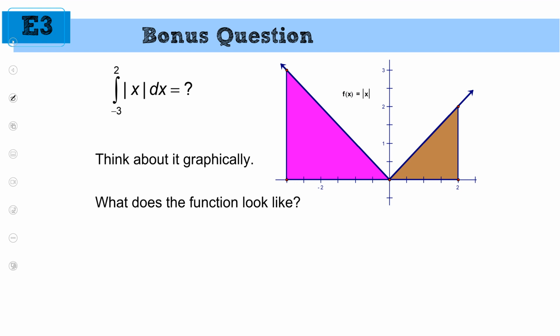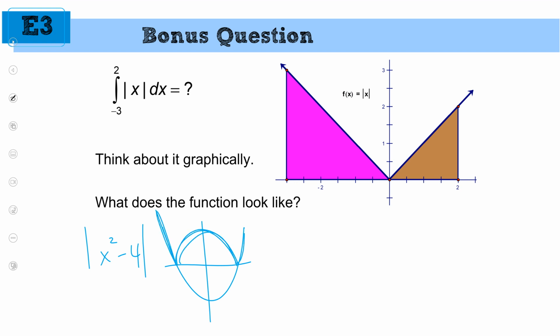So for instance, if you had this function and you were asked to graph that, you would graph x squared minus 4. It would look something like this. And then you take anything below the x-axis and flip it over. So this would be your final answer.